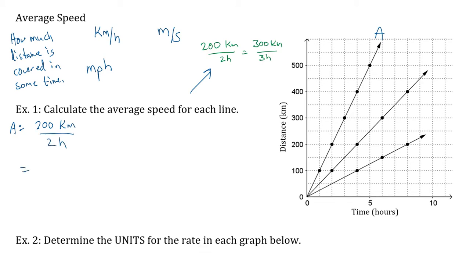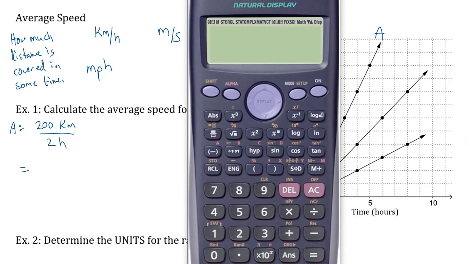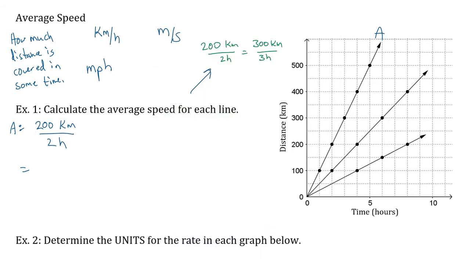So I just divide 200 divided by 2, use my calculator. You might be able to do this one in your head. Gives you 100. So that's 100, and we'll include the units, kilometers per hour. 100 kilometers per hour, not just 100 kilometers. 100 kilometers each hour for 2 hours would be 200 kilometers.